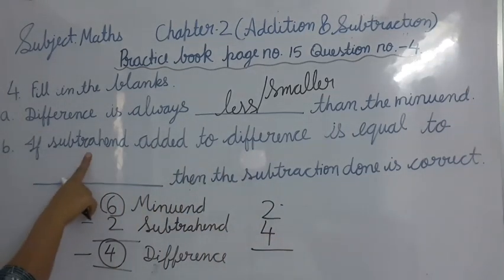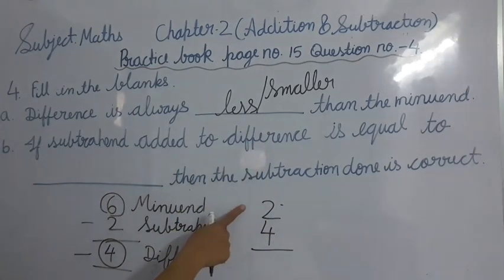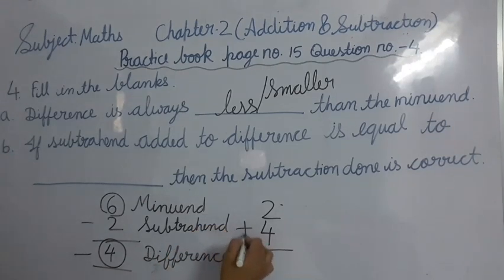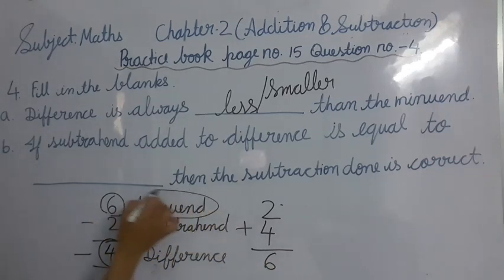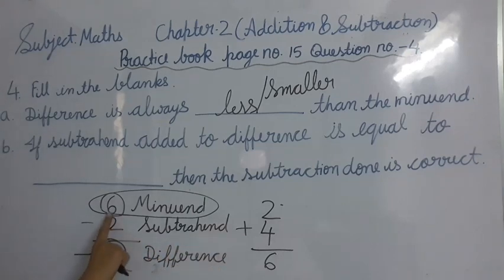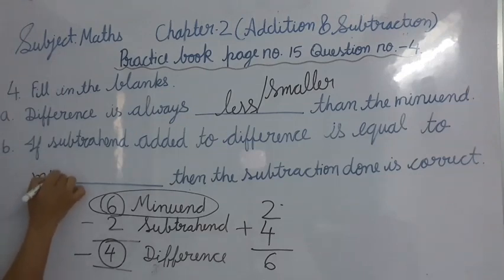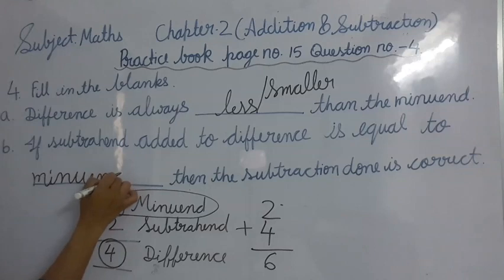You will get 6. So it is equal to which? Minuend. Yes. So if you add subtrahend and difference and this number is equal to the minuend, it means your subtraction is correct. So what will come here? Minuend. Fill this.